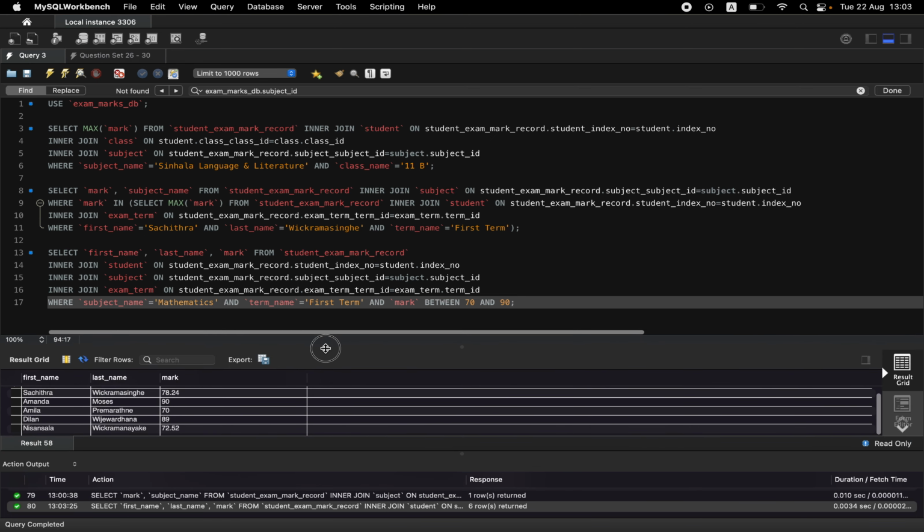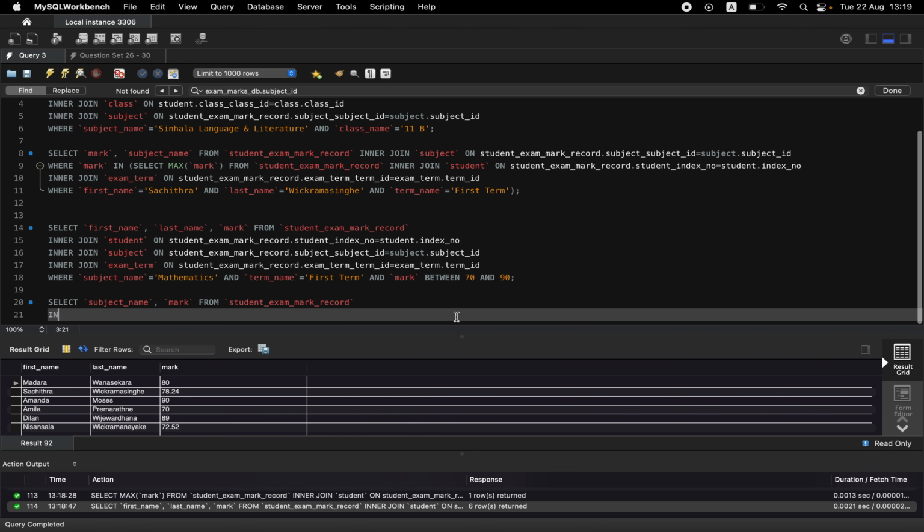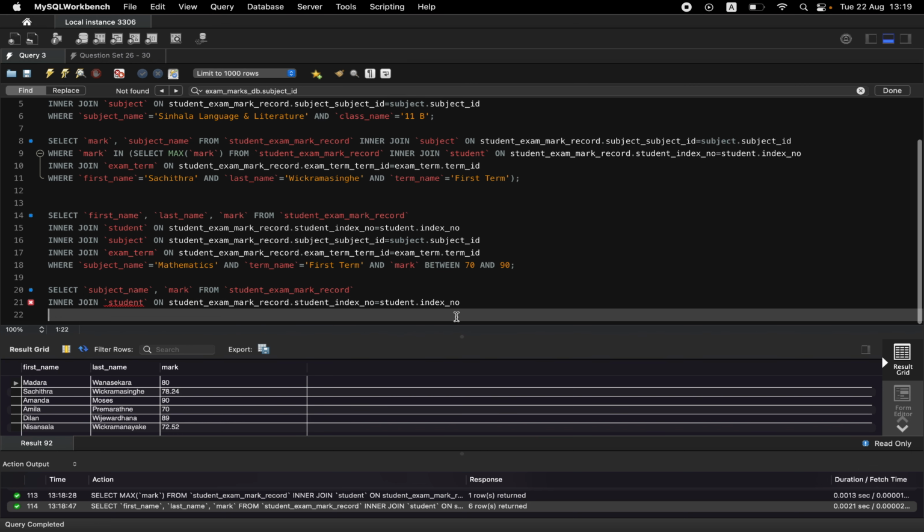So in here select the subject name and the mark from student exam mark record table, inner join student on student exam mark record dot student index number is equal to student table index number.